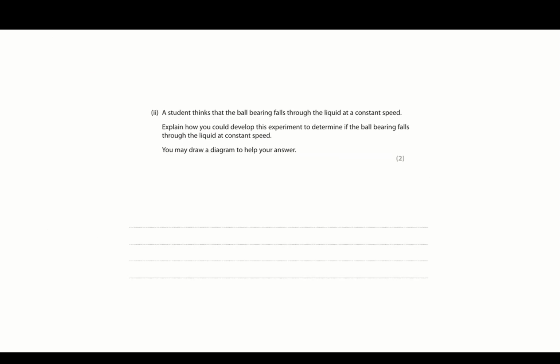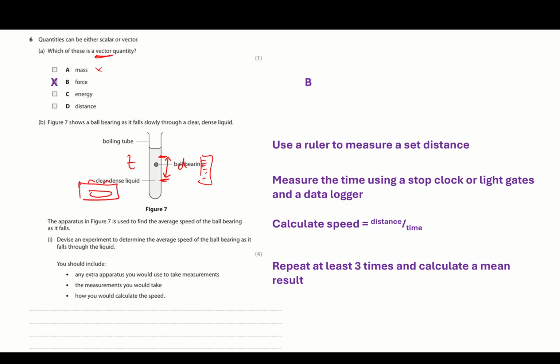Done. A student thinks the ball bearing falls through the liquid at a constant speed. Explain how you could develop this experiment to determine if the ball bearing falls at a constant speed. So if I go back to this diagram and delete all of this, really what it's saying is, how could you decide if the speed at this bit is the same as the speed at this bit?